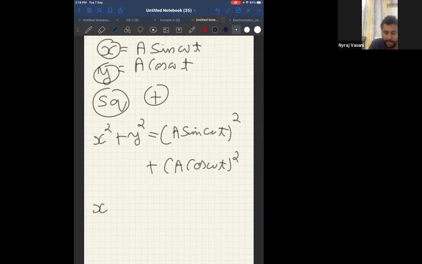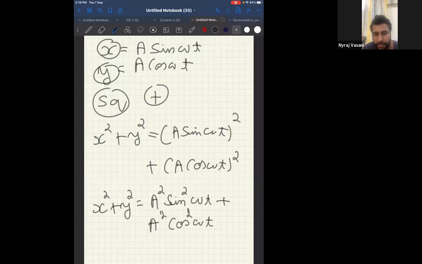Therefore, can I write x square plus y square is equal to a square sine square omega t plus a square cos square omega t if I open the square. Therefore, x square plus y square equal to a square, since a square is common on the right hand side.